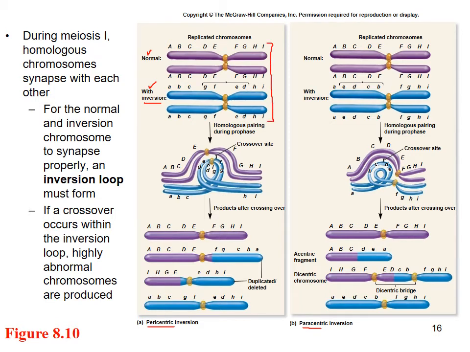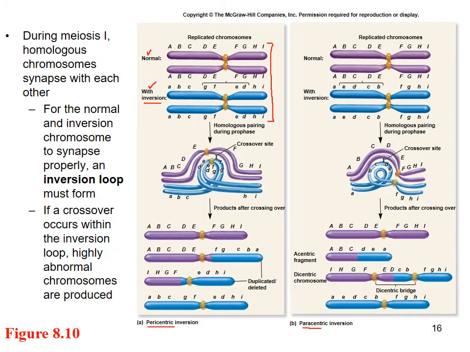However, when it's time to start producing our gametes, we know that we have to undergo meiosis, and meiosis needs to do crossing over, where it's swapping the alleles from homologous chromosomes. In order to do that, we're going to have to make sure that the alleles are properly aligned.